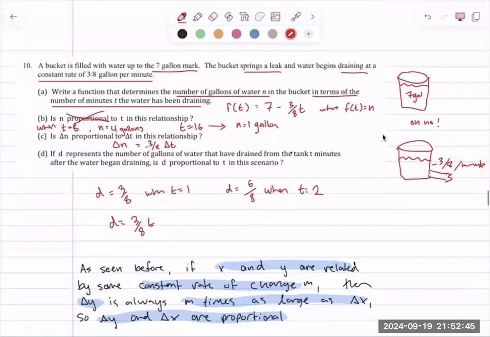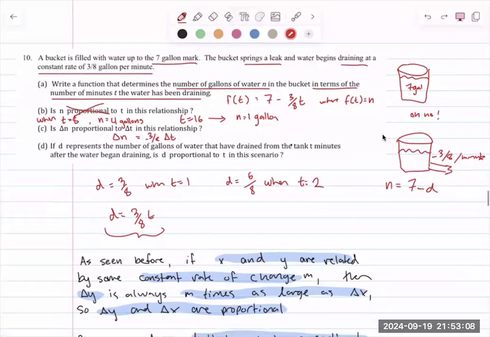In other words, the amount of water we have in the bucket, f of t, or let's just say n, is just equal to the gallons that we start out with, 7, minus however many gallons have drained, minus D. So D is just 3/8 t. And so they are proportional because D is just a constant multiple times t.